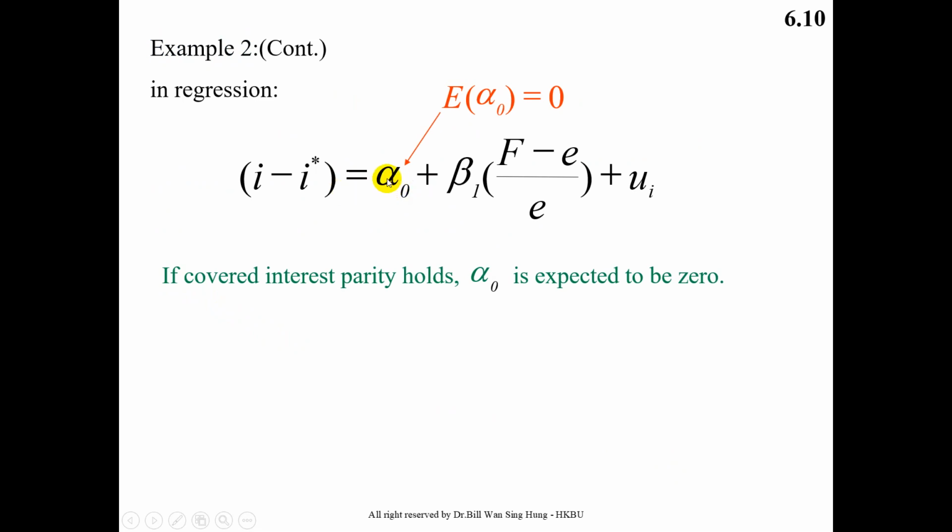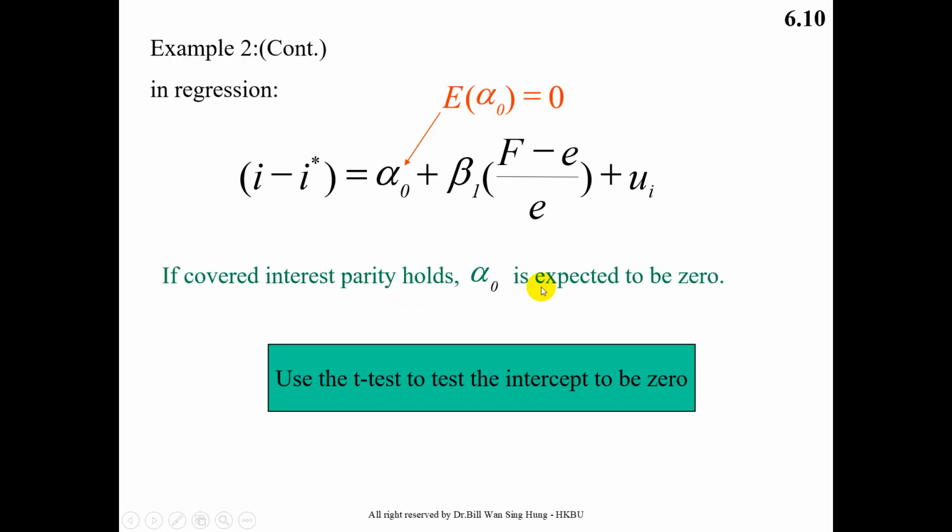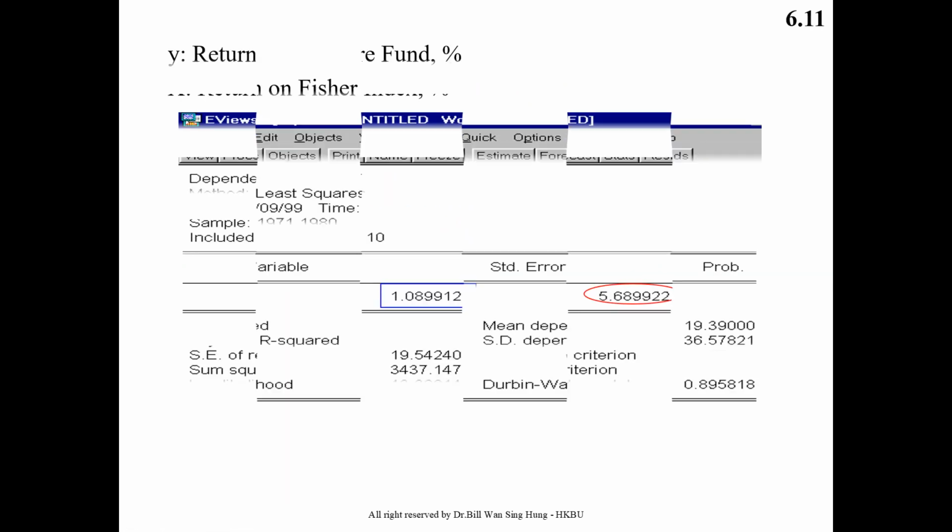Here the expected value of alpha naught is equal to 0. If covered interest parity holds, alpha naught is expected to be 0. So use the t-test to test the intercept to be 0. We can test this coefficient by using the t-test.